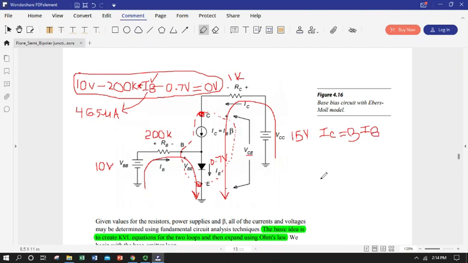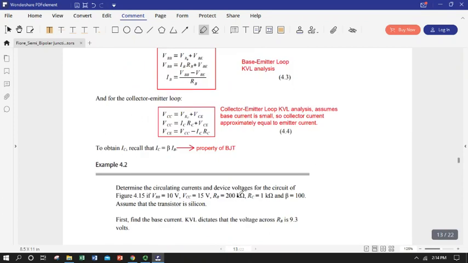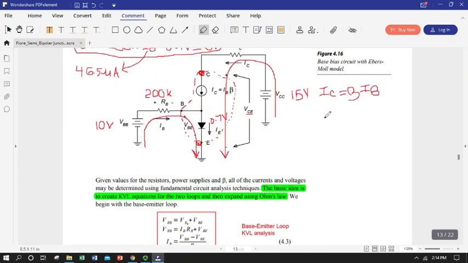So this is my gain. Chances are beta was pretty big. Let's see what we were given, 100. So I know my collector current, again, if it's not being limited by something outside of the transistor, which is a case we're going to look at next. But if the transistor is the thing limiting our collector current, all I have to do is multiply this times 100. So this is 46.5 times 10 to the minus 6. That would be 46.5 times 10 to the minus 4.